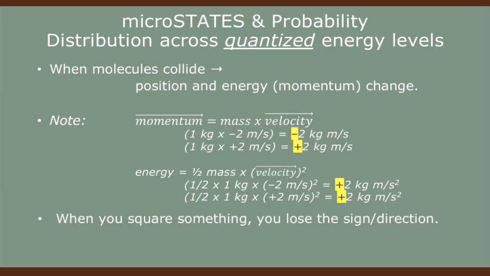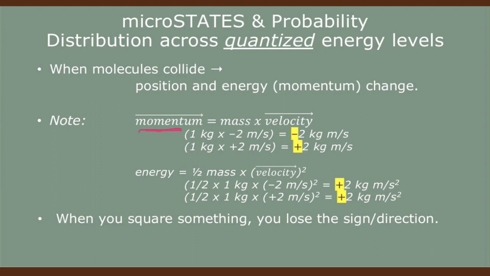And the thing is, where the molecules are is only part of the story. We also have to talk about the fact that they're moving. When molecules collide, their position and their energy change. And energy and momentum are kind of two ways of talking about the same thing. Momentum here, the formula for that is mass times velocity.